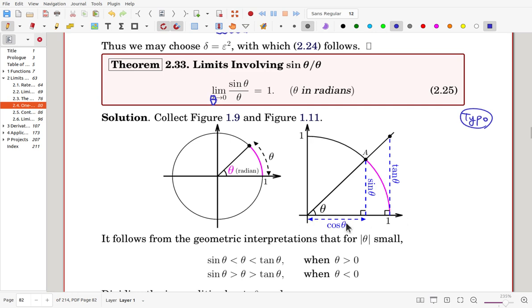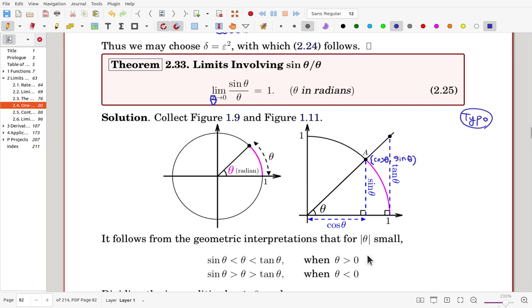So in this picture, this is a circle of radius 1. This is the case where theta is positive, and where it hits the arc, at that point A, the x component is cosine theta and the y component is sine theta.